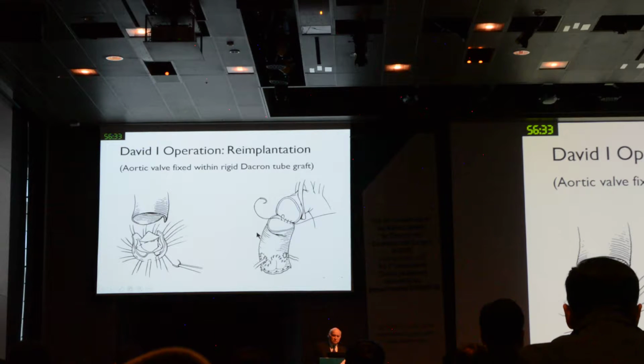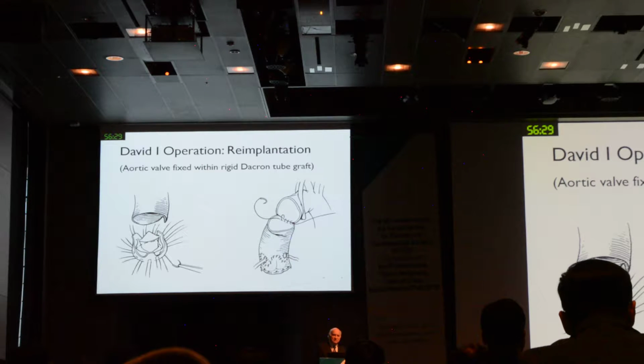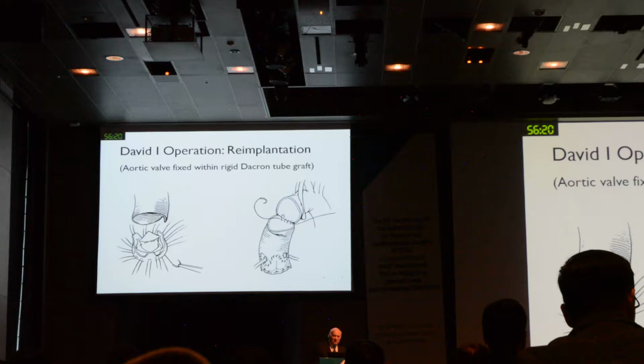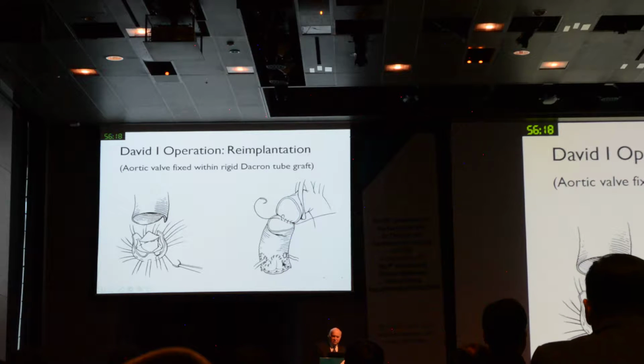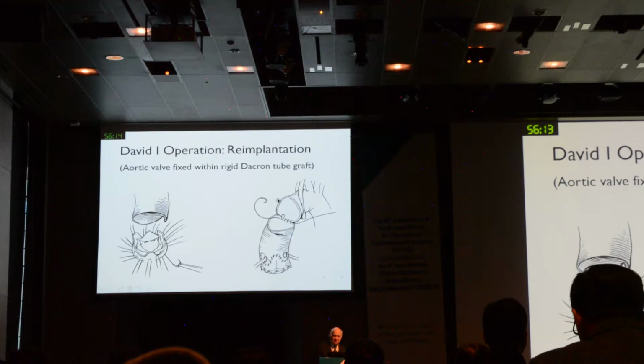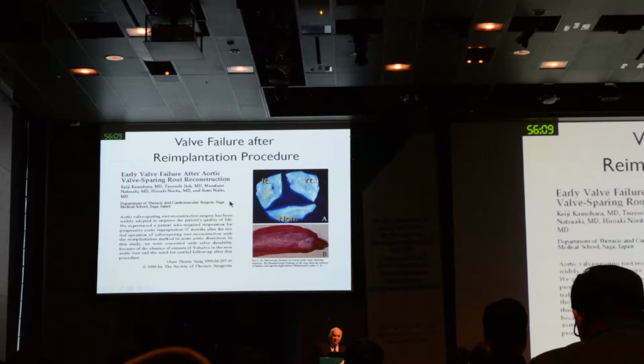This operation was useful because it completely enclosed the aortic valve, it stabilized the annulus, and it was actually more hemostatic than many other operations because the suture lines are inside the graft. As with any other root replacement, the coronary arteries are reattached and an end-to-end anastomosis performed at the top.